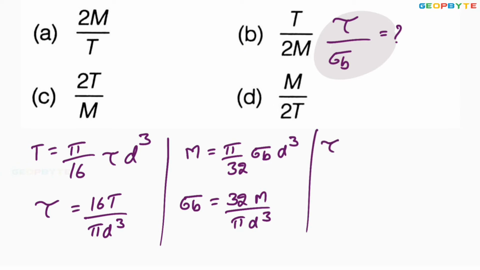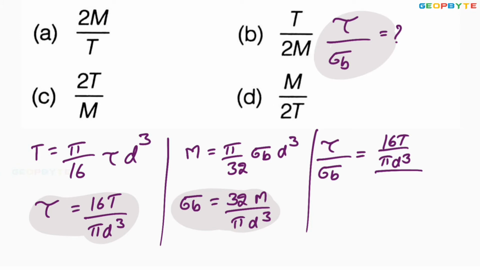Therefore, the shear stress by bending stress is equal to, look at the shear stress. Shear stress is 16T by pi d cube, divided by bending stress, which is 32M by pi d cube.